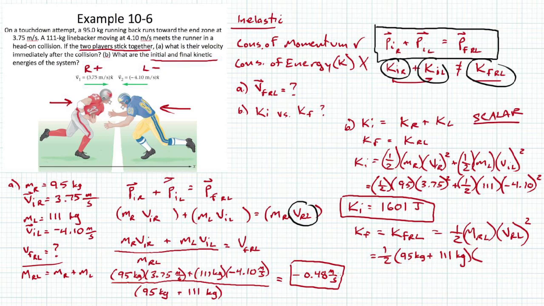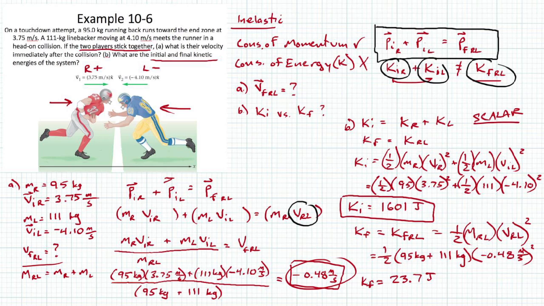Well, we said their velocity at the end of the first problem was negative 0.48 meters per second. That value squared. So that's going to be the final kinetic energy of the system because they're both falling to the ground together. What does that come out to be? It turns out to be 23.7 joules.